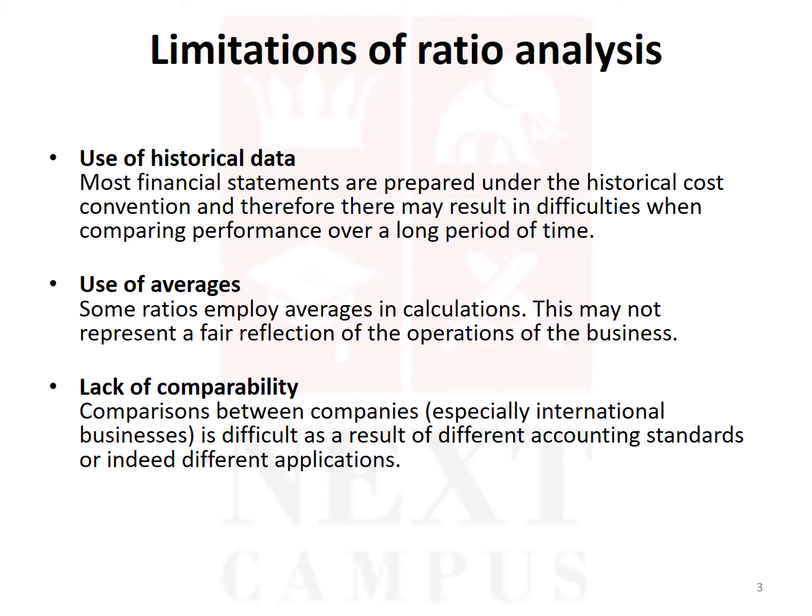If an organization doesn't have a proper accounting function, ratios cannot be computed. So comparability is poor. Ratio analysis is dependent on the accounting function. So the limitations are: usage of historical data, so no use for the future; use of averages; and lack of comparability over the years.